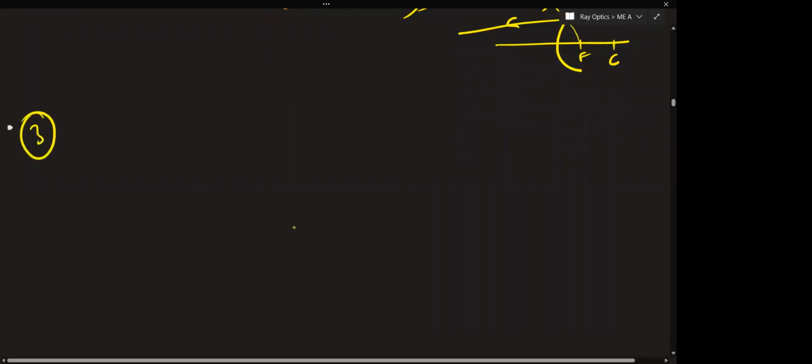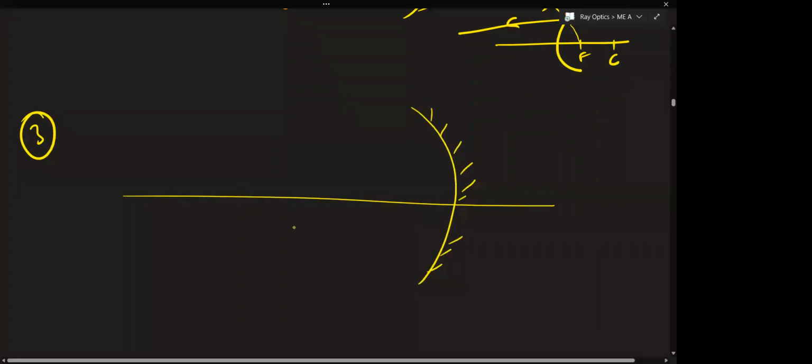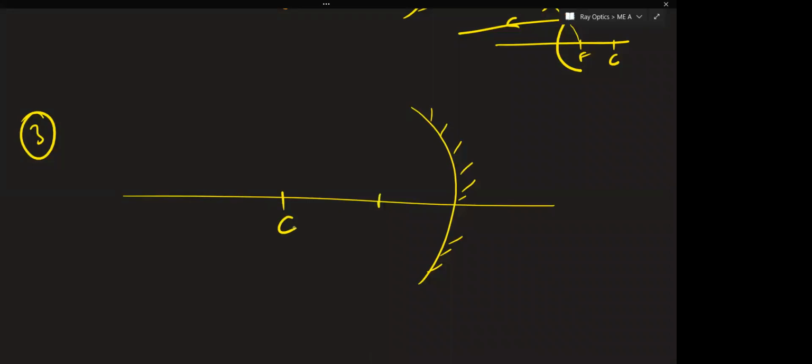Third point says, if a light ray passes through the center of curvature, it will retrace itself. This is the center of curvature, this is the focus.